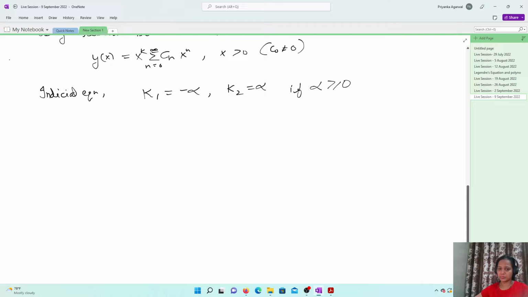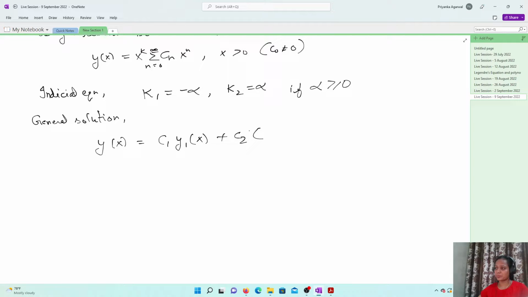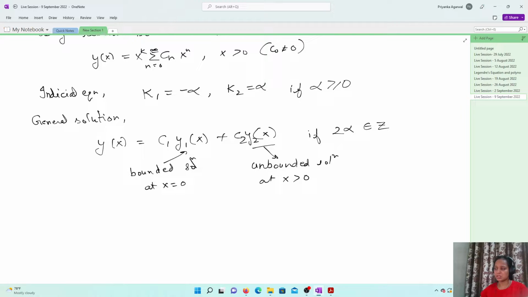The general solution y(x) is of the form c1 y1(x) plus c2 y2(x), where 2 alpha does not belong to an integer, and we know that this y1(x) is a bounded solution at x equals 0, and this y2(x) is an unbounded solution at x greater than 0.